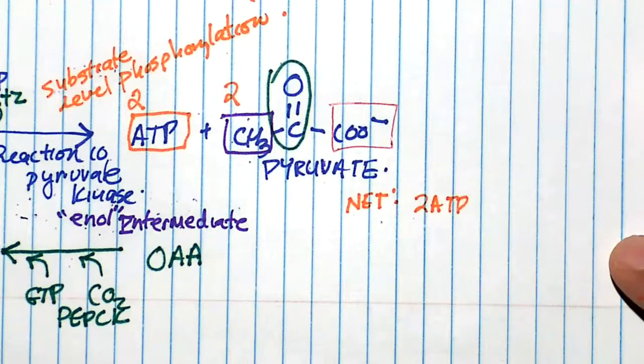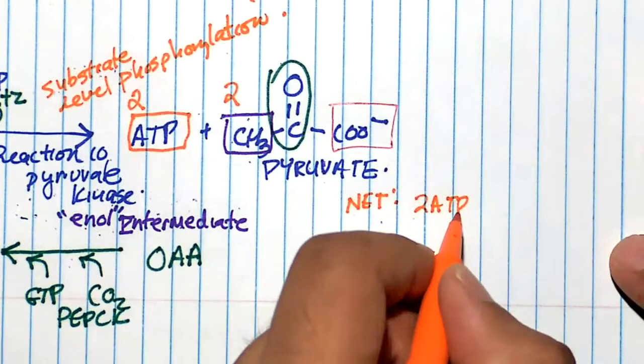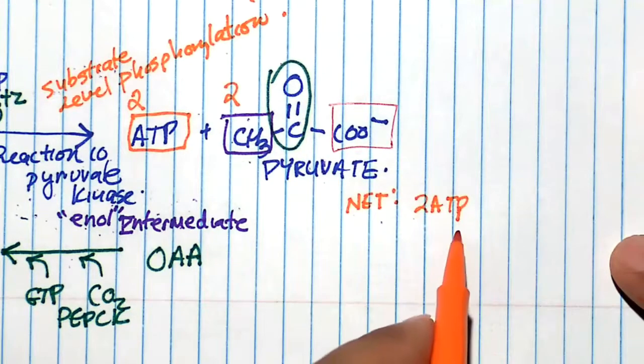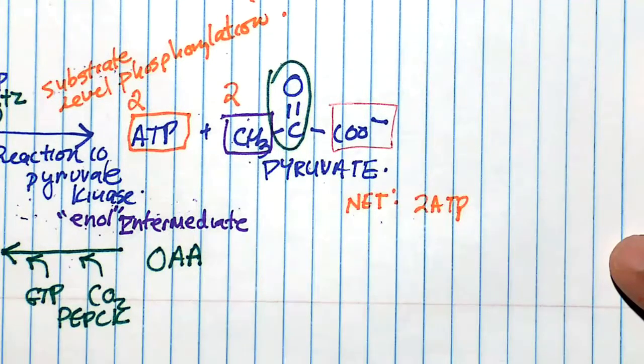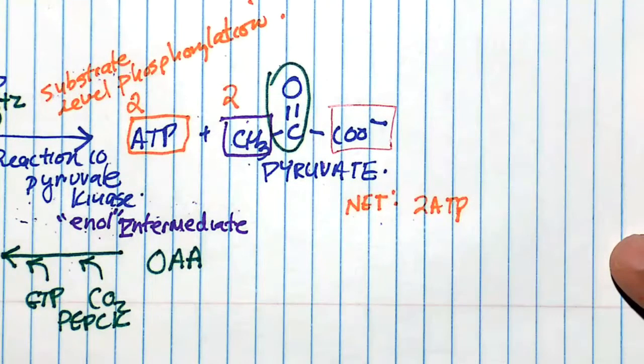Remember, we took 2 ATPs away at the hexokinase step and the phosphofructokinase step, but we made 2 ATPs in pyruvate kinase, and we also made 2 ATPs in the reaction that took 1,3-bisphosphoglycerate and converted it to 3-phosphoglycerate. The enzyme is phosphoglycerate kinase.